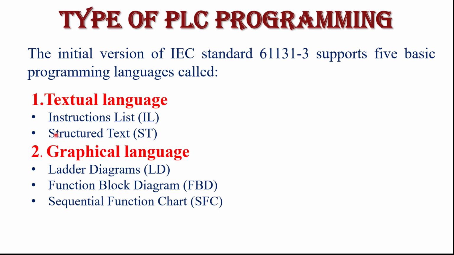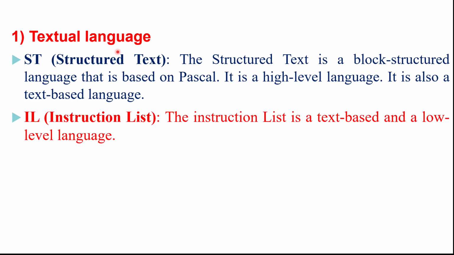Now I will explain all the programming languages in brief. First is textual language. As I have already told, in textual language the instruction or command is given in the form of text. There are 2 types of textual language: structured text and instruction list. The structured text is a block structured language that is basically based on Pascal.